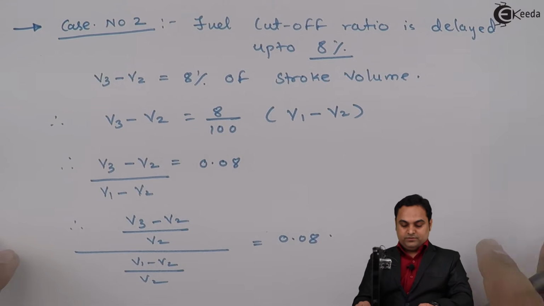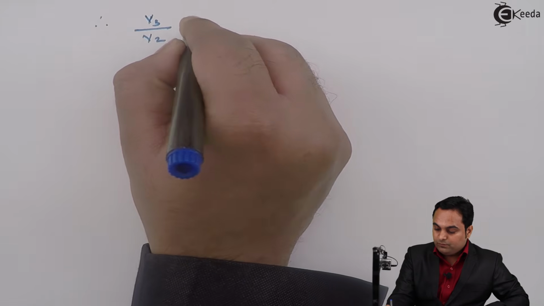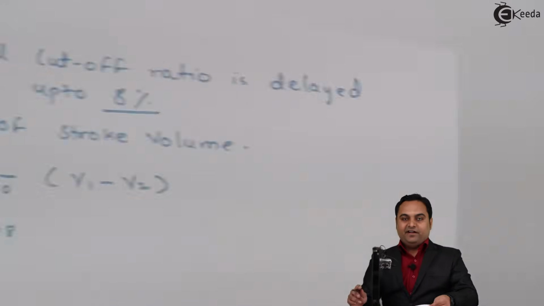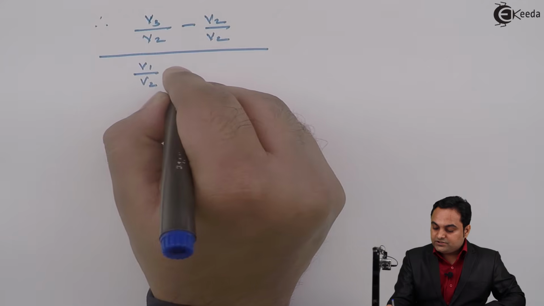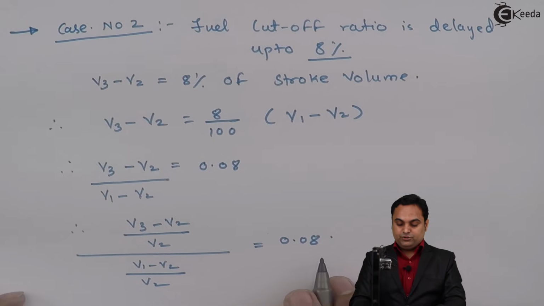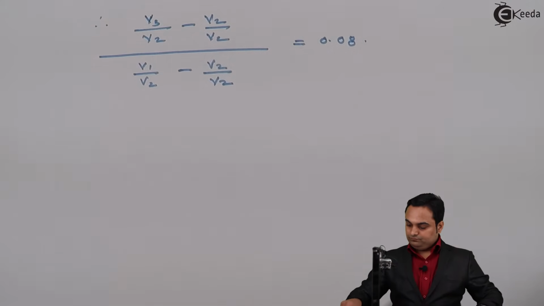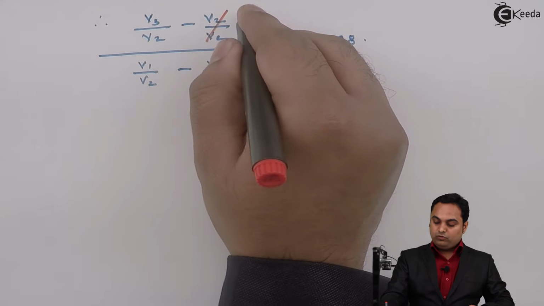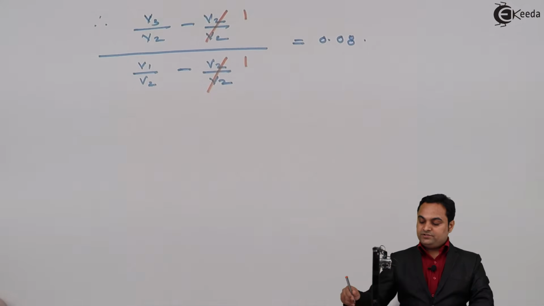So here we will be having V3 upon V2 minus V2 by V2 in the numerator, and similarly we will have V1 by V2 minus V2 by V2 in the denominator, that is equal to 0.08. So in the numerator V2 upon V2 gets cancelled out, so 1 remains. Similarly in the denominator V2 by V2 gets cancelled out, 1 remains.